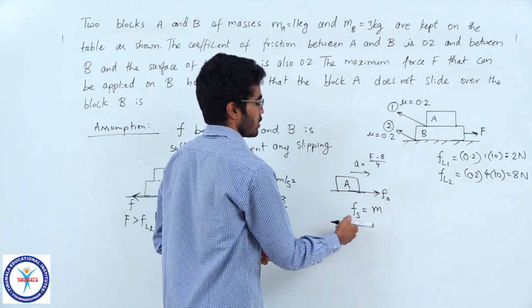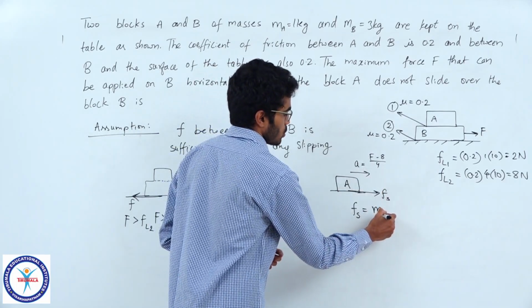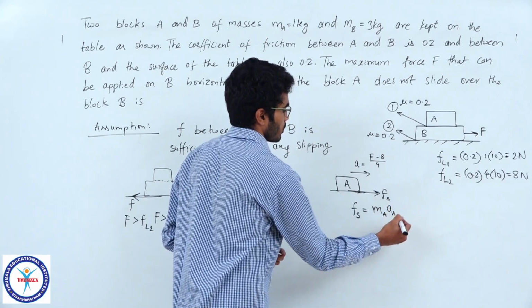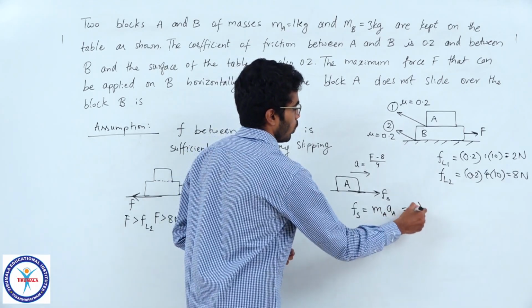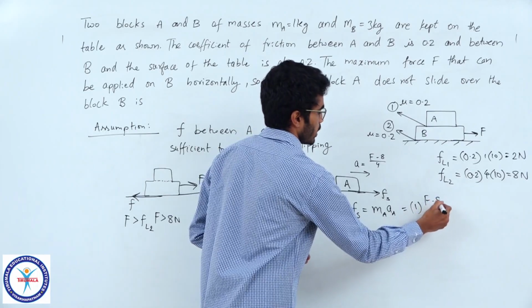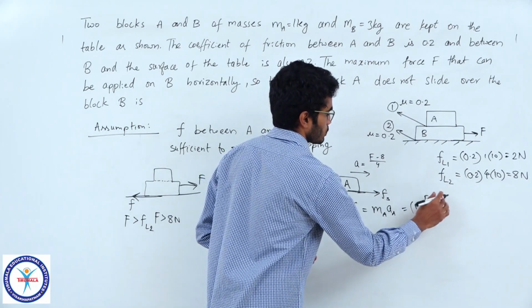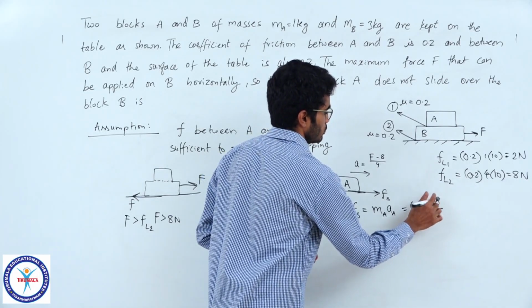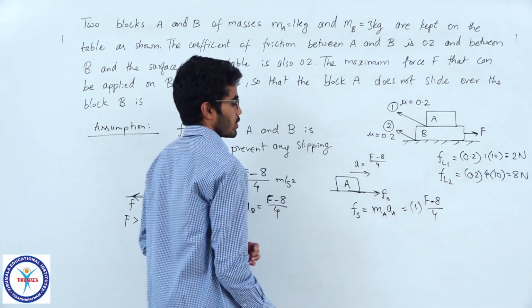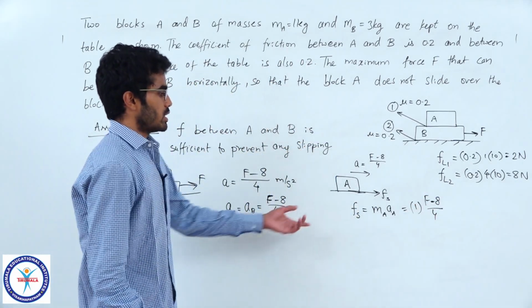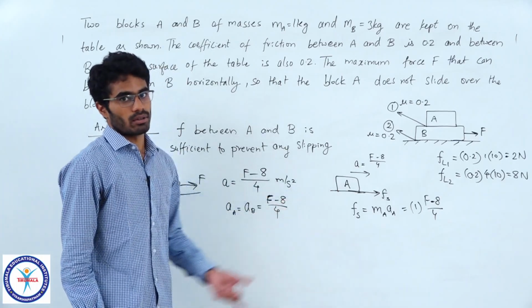This is the only force. F net is equal to mass of A into acceleration of A. So, that is 1 into (F minus 8) by 4. So, now this is the static friction that is developed here.